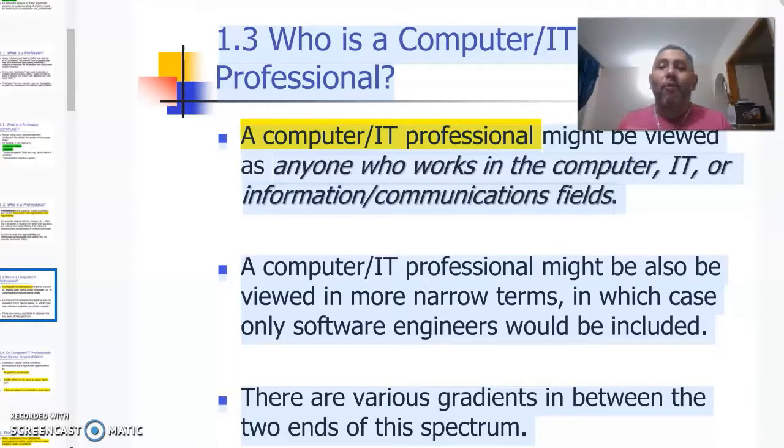Not because we know how to design computers or make information and communication devices, no, but because computers, the internet, and information and communication devices are the basis of our work, or are very important in what we do.